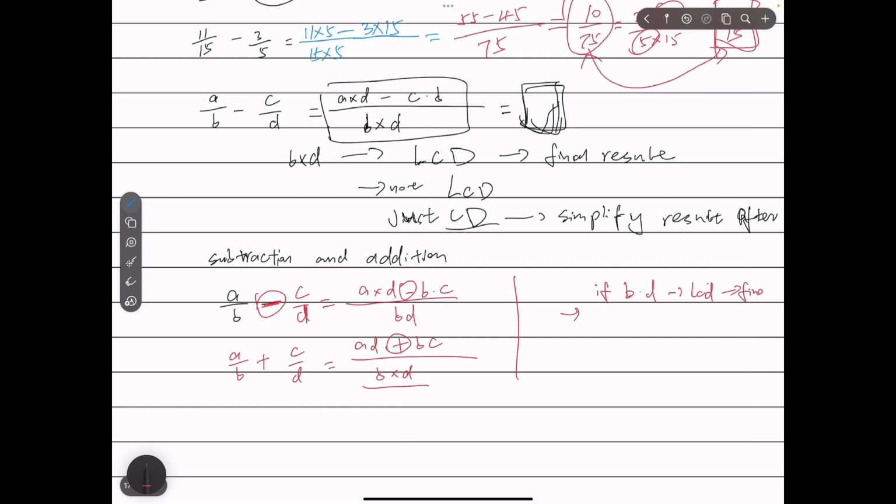It will be the final. If it's not, it's just a common denominator, we need to simplify. That is true for both subtraction and addition.